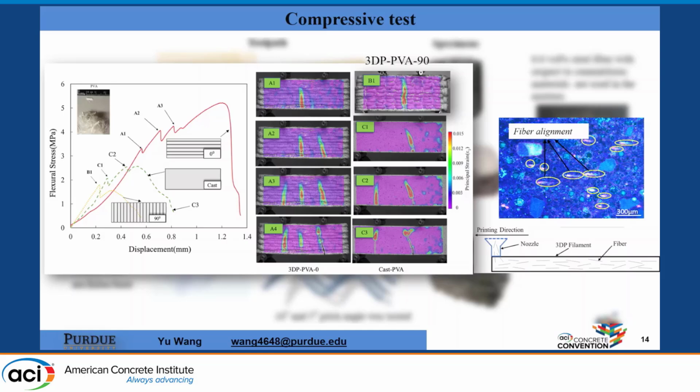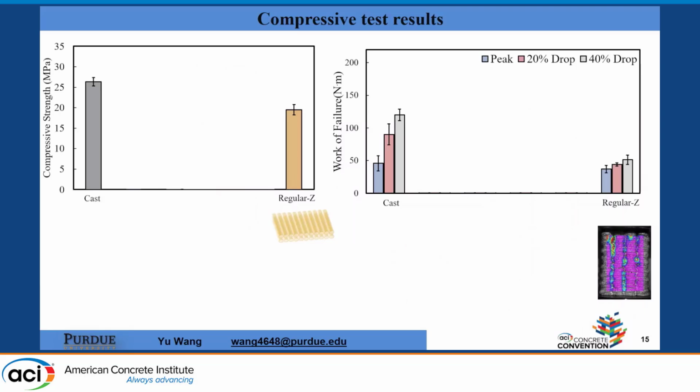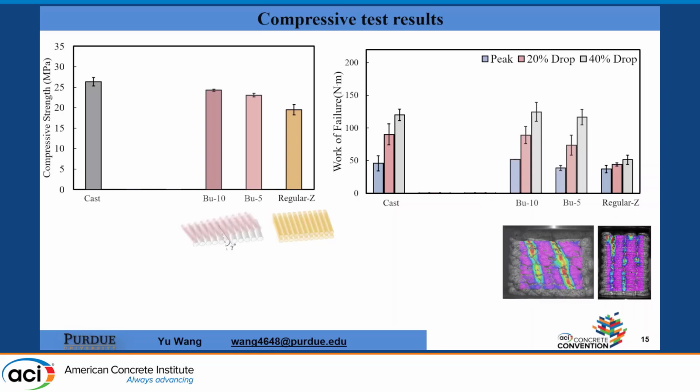And this is the strong anisotropy we got. So if we look at the compressive test result, if we compare the regular 3D printing with the cast one, we are sacrificing the compressive properties.